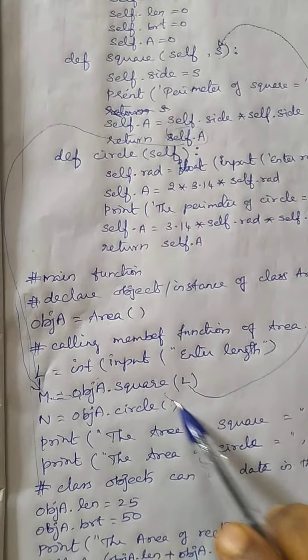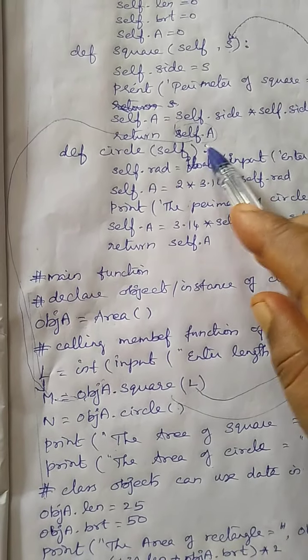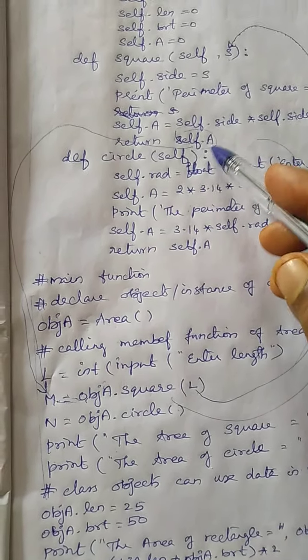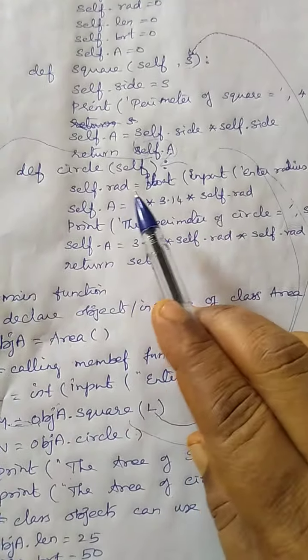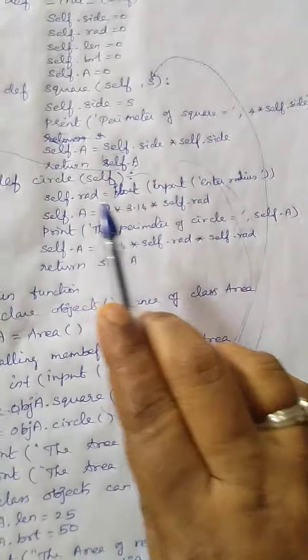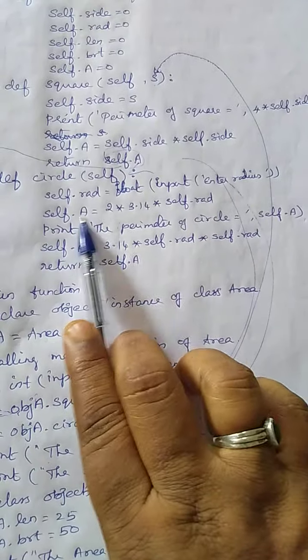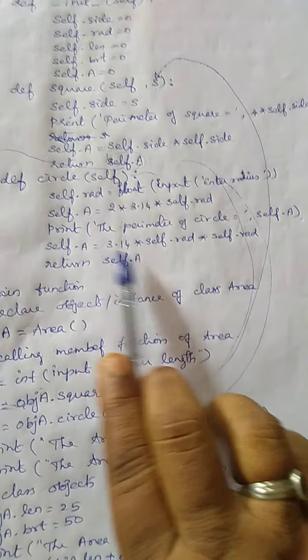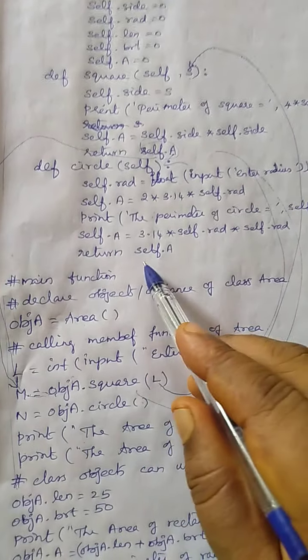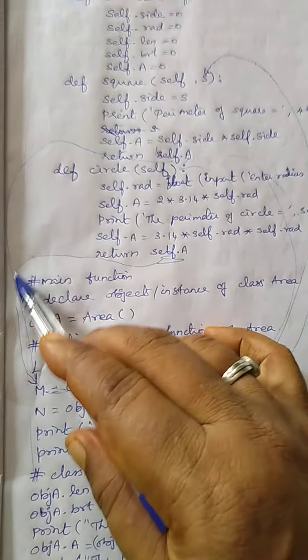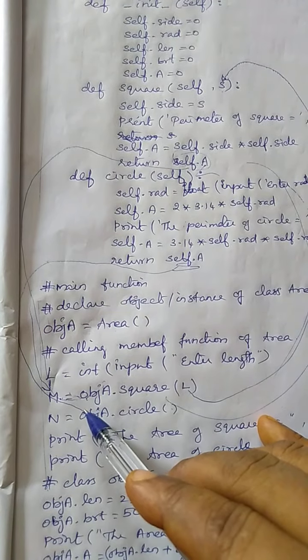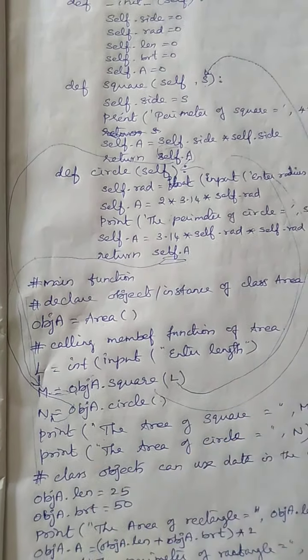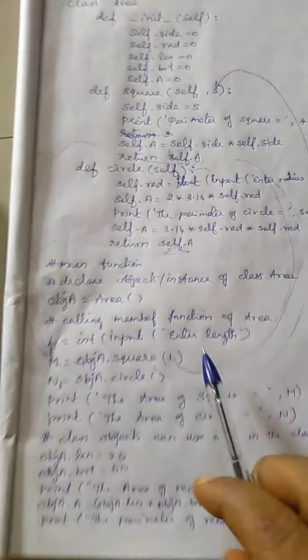Immediately the function will go there and perform the process given there: getting the value of the radius, calculating 2 pi r as the perimeter and displaying the perimeter value, and then calculating the area and returning it. So self.a, this value is returned. On seeing the return statement, it has to come back with the value, and the value has to be stored in a variable n. Able to understand?